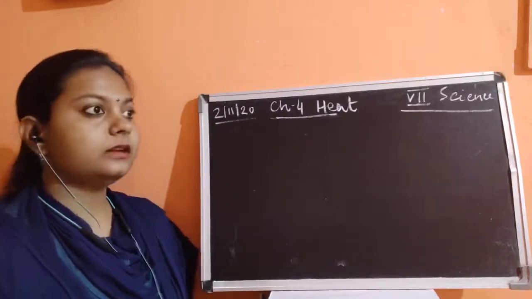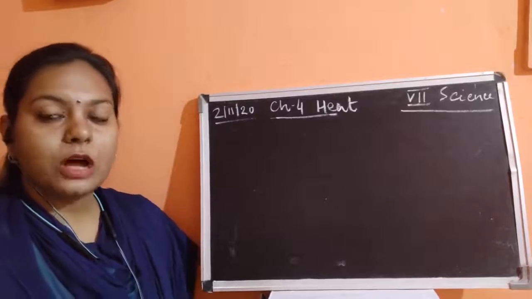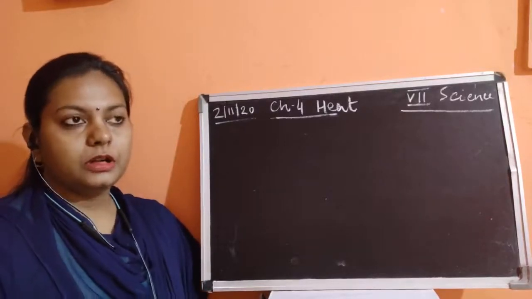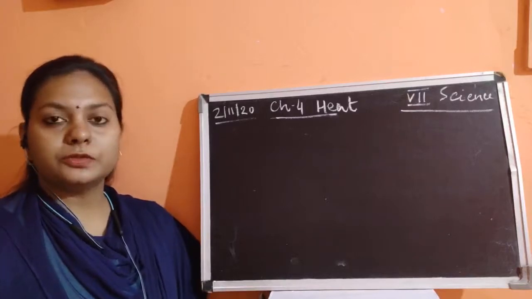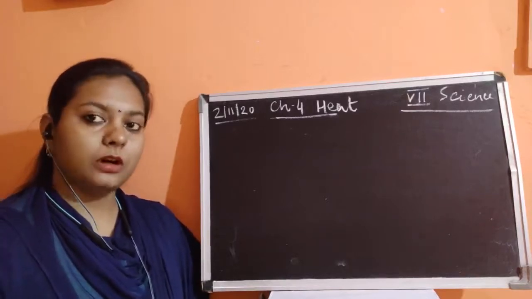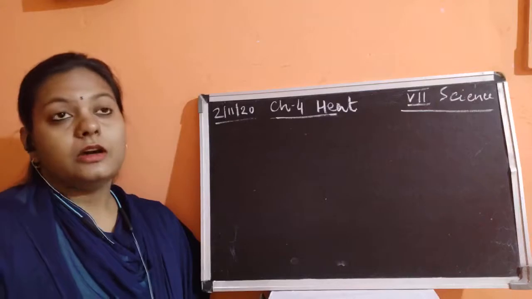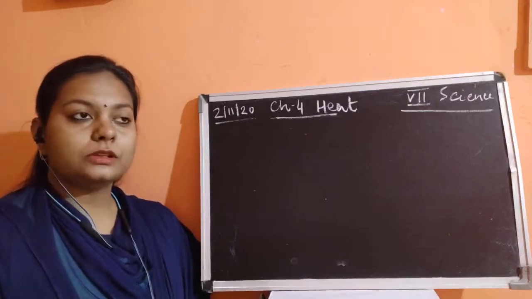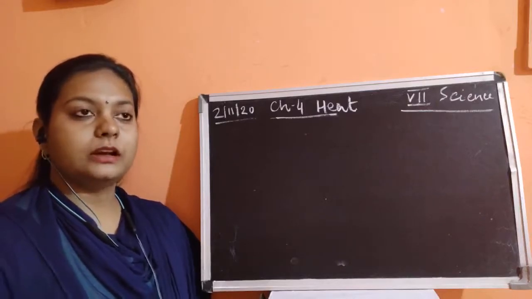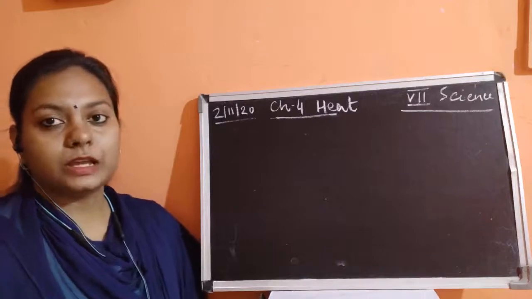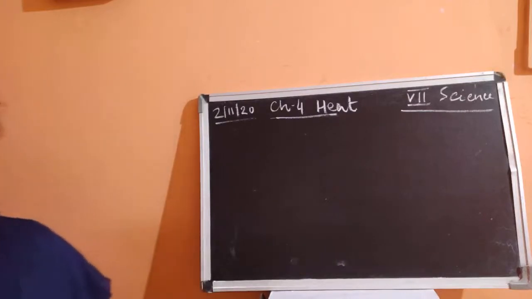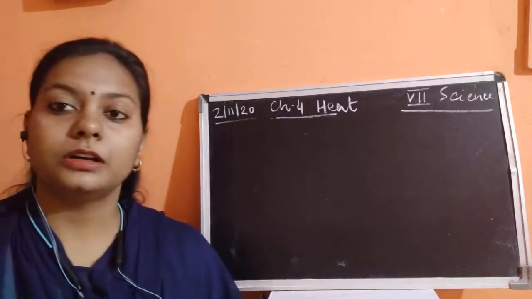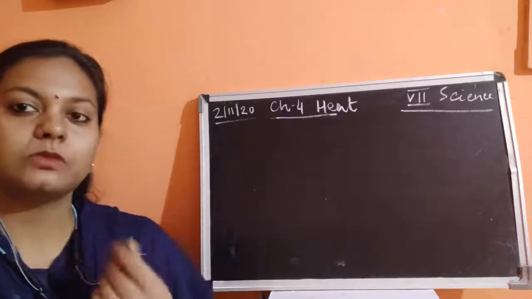For that there is a concept of temperature. So what is temperature? Temperature is the degree of measurement of hotness or coldness of any object. Suppose I give you some hot water in a cup and ask how hot this water is.